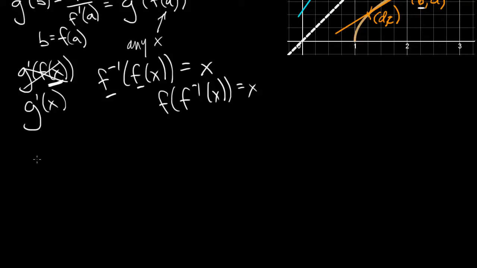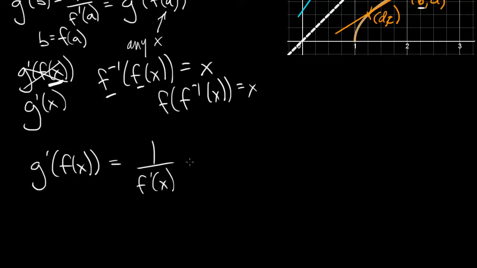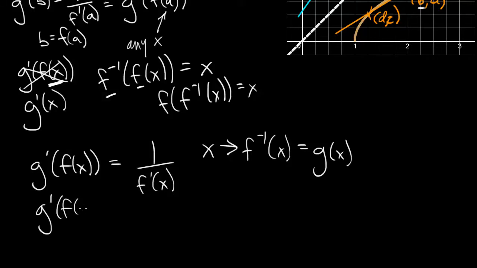So let's substitute. We've got g prime of f of x equals 1 over f prime of x. And if we substitute x becoming f minus 1 of x, or, equals g of x, then we have g prime of f of g of x is 1 over f prime of g of x.